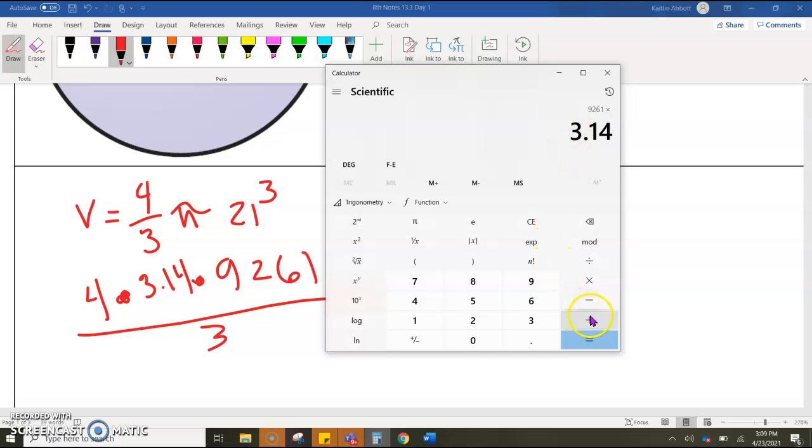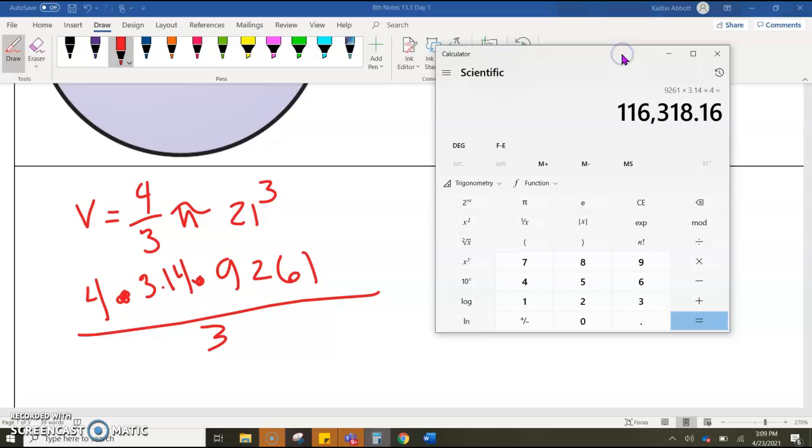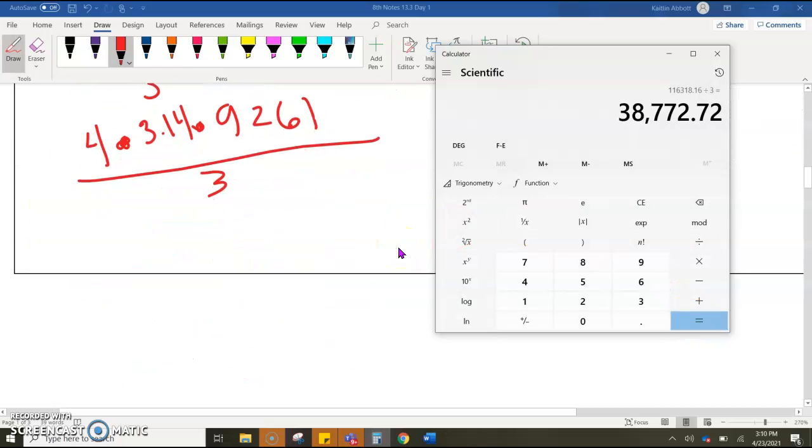So 3 times 3.14 times, ooh, big number, times 4. Get a humongous number, but don't write that down yet. I would just leave it in there. Don't rewrite all that, and we're going to divide that by 3. That's still a ginormous number.